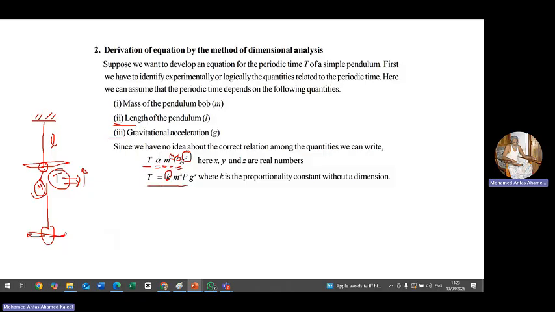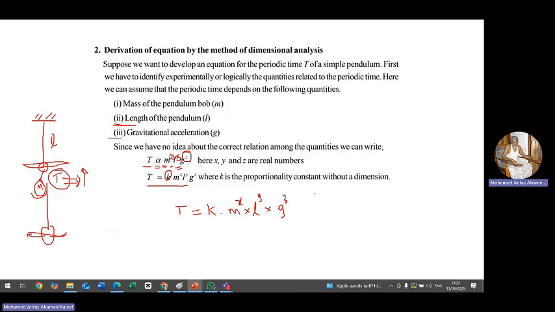Then it becomes T is equal to K into M to the power X into L to the power Y into G to the power Z, where Z is the relation with the gravitational acceleration. So this is the equation. Now the proportionality constant has no dimension.